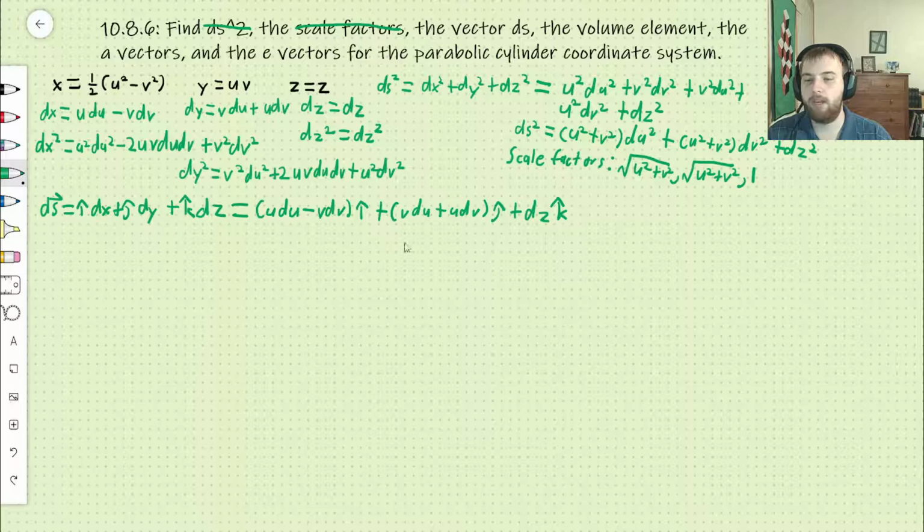And it's going to be much more useful to us if we can write this in terms of our differentials, just like we did before. So we're going to do that.